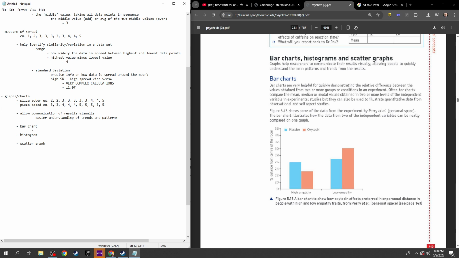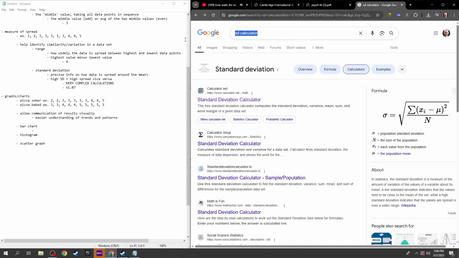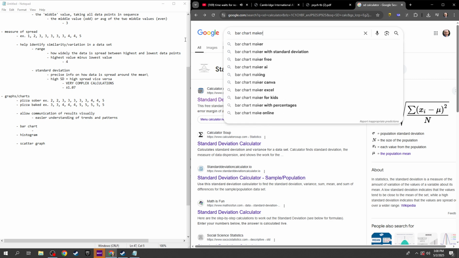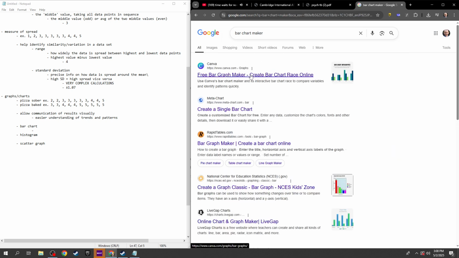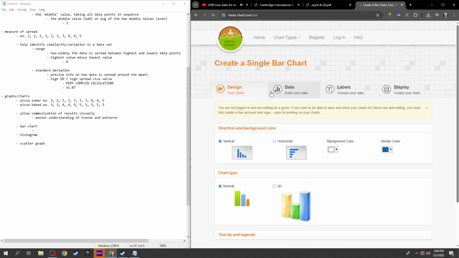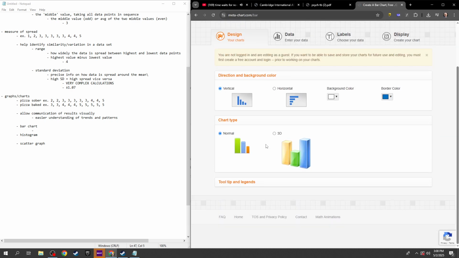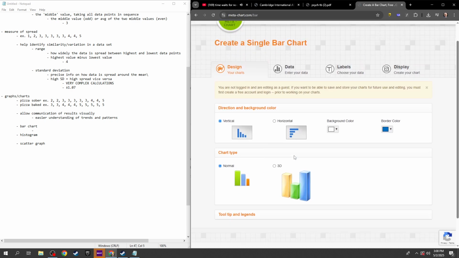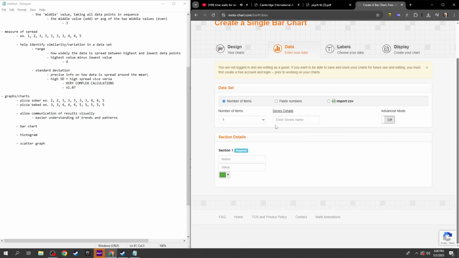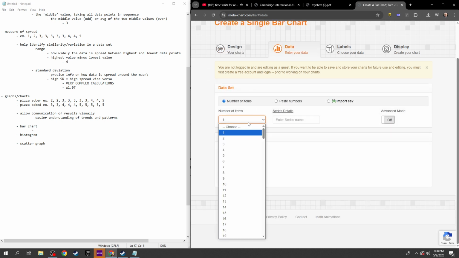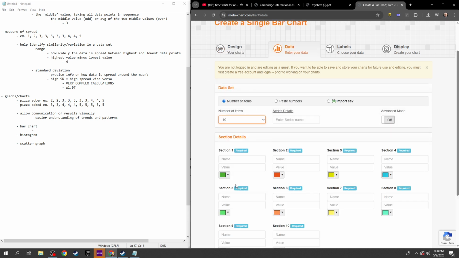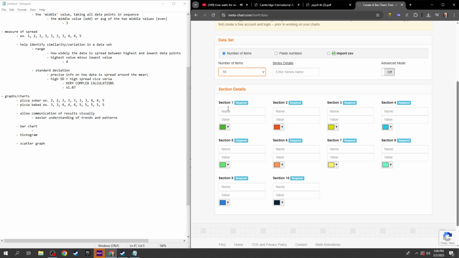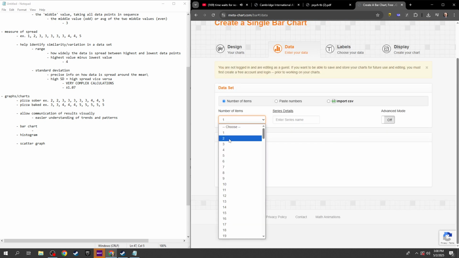So for the bar chart, what we could do actually is make a bar chart maker. Not Canva, nobody likes Canva. Vertical, normal, data, number of items, 2.